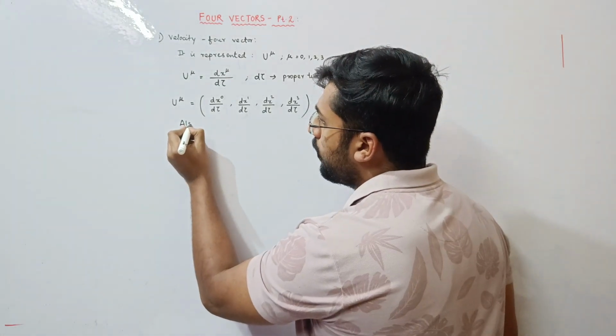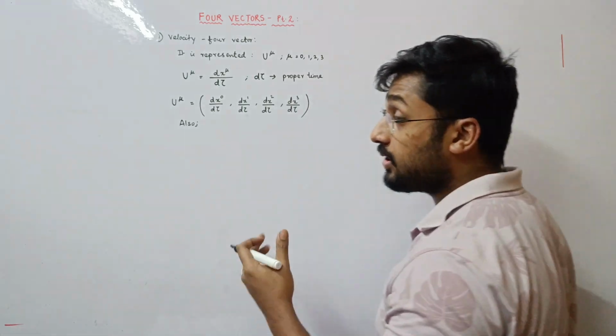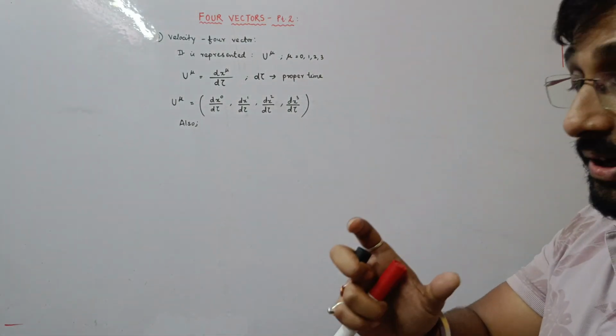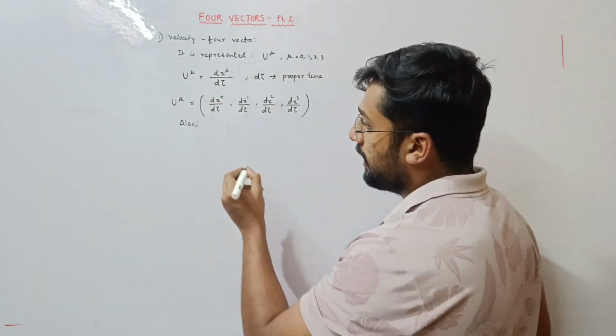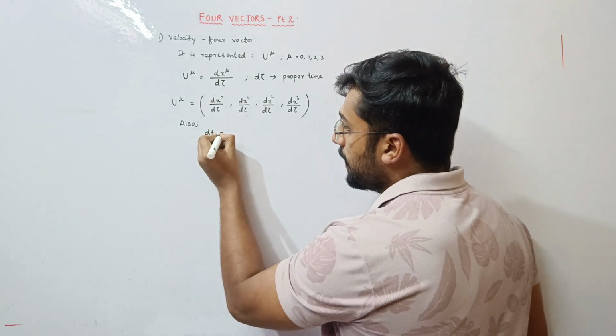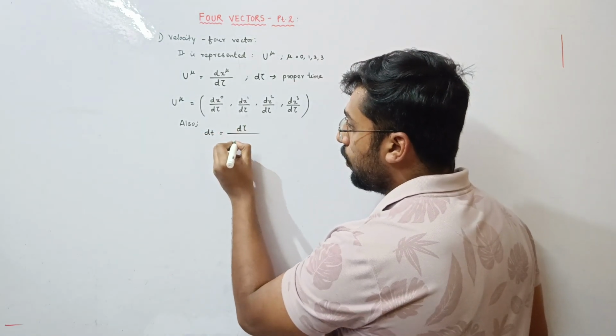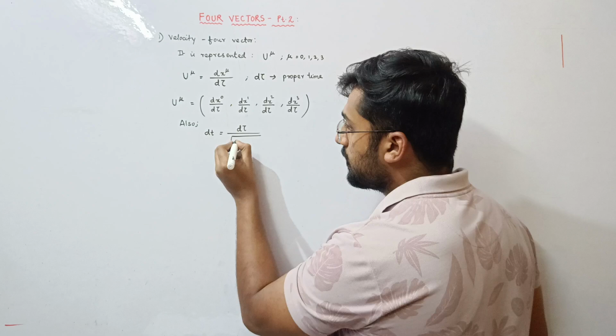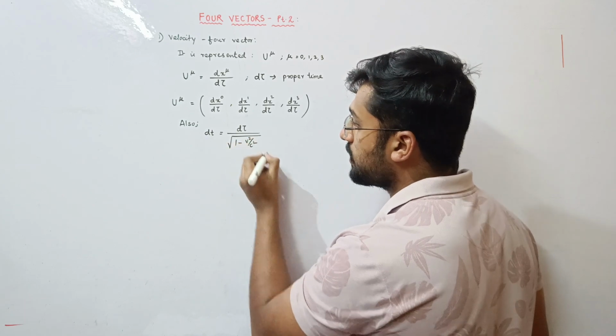Now I believe you have also learned a formula in relativity, that dt is equal to dτ over the square root of 1 minus v squared upon c squared.